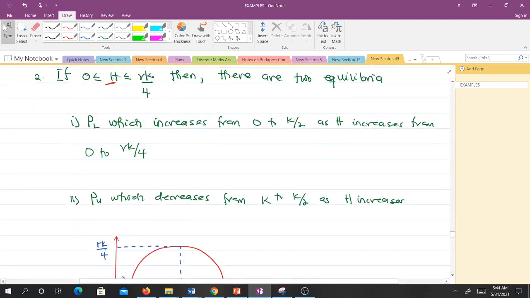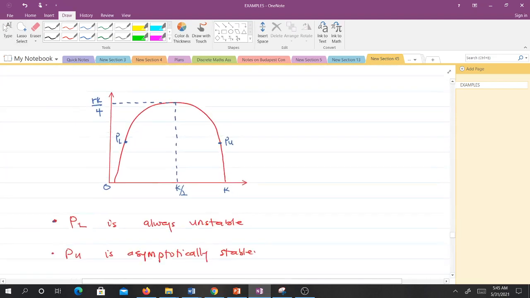And we have PU, which decreases from k to k on 2 as h increases. So this can be a diagram that we can use to represent that. Okay, so then we have 0, k on 2, and k, and there's rk on 4. So we have our fixed point PL here, our fixed point PU here.